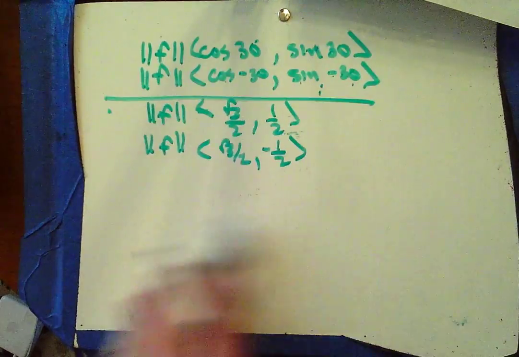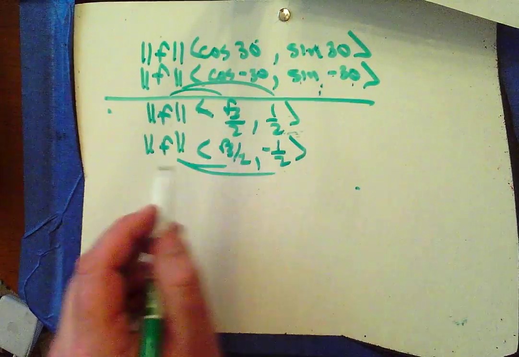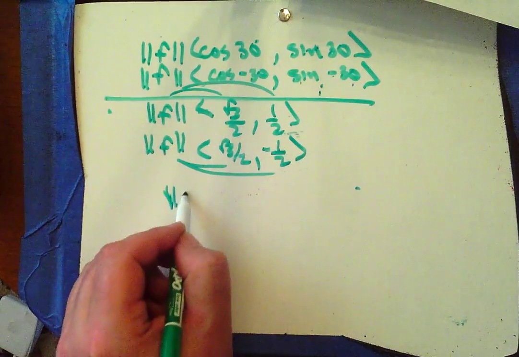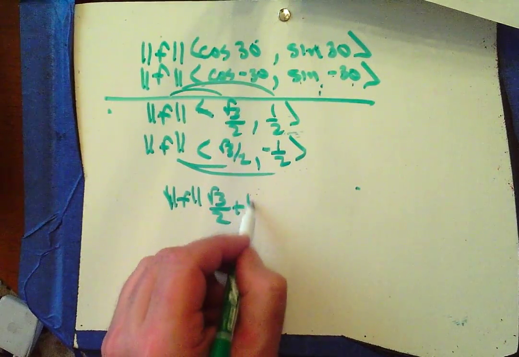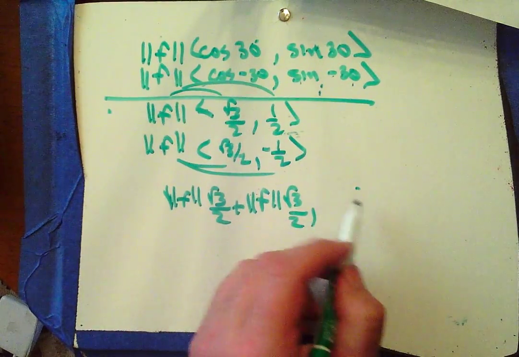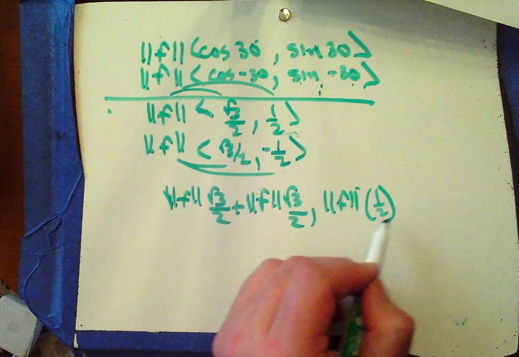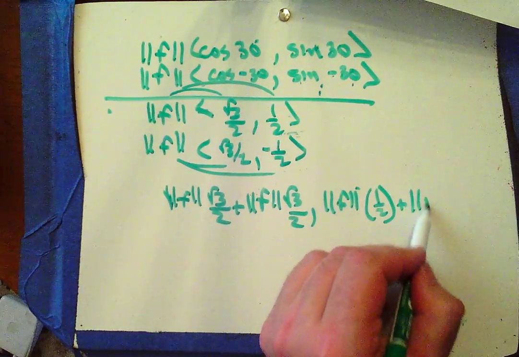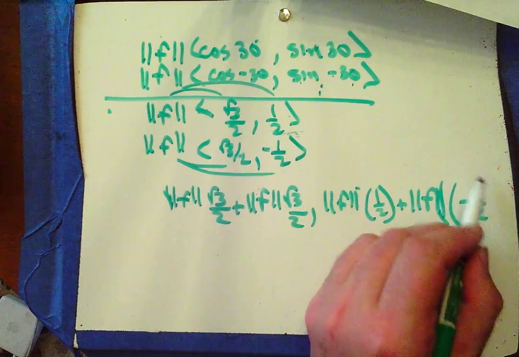So if I were adding these together, I would have magnitude of F root 3 over 2 plus magnitude of F root 3 over 2, comma, magnitude of F times 1/2 plus magnitude of F times negative 1/2.